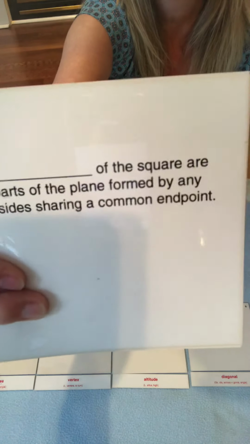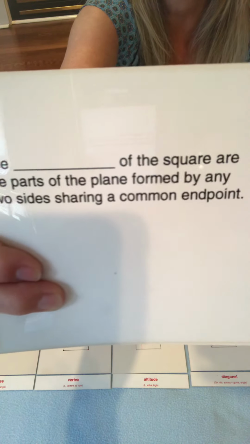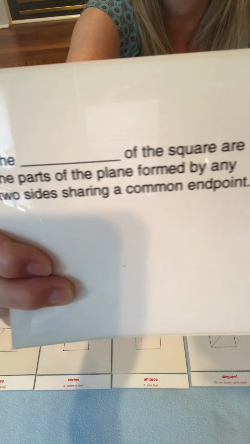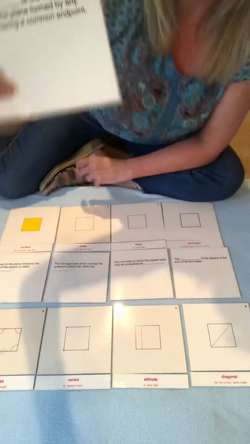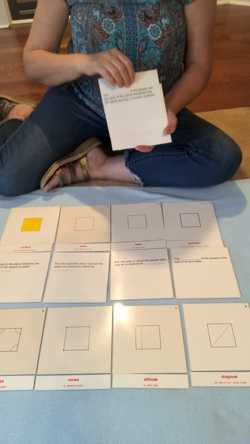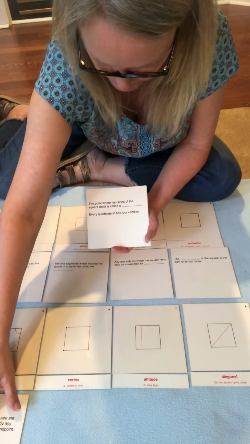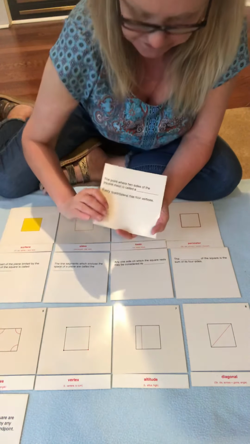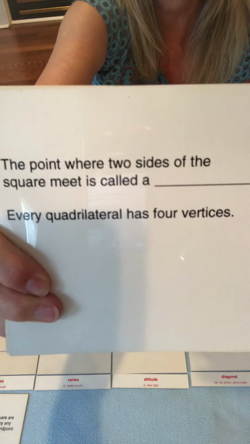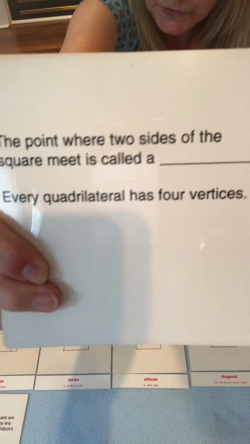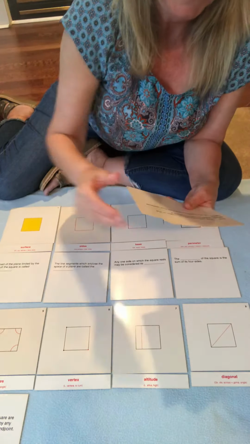The angle of the square is the part of the plane formed by two sides and a vertex. The two sides have a common endpoint or vertex. We call that one the angle. The part of a square where two sides come together is called a vertex.